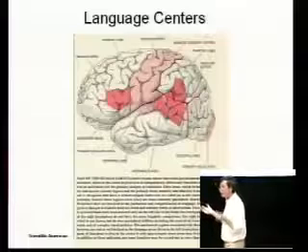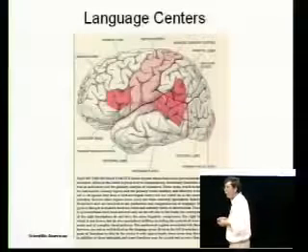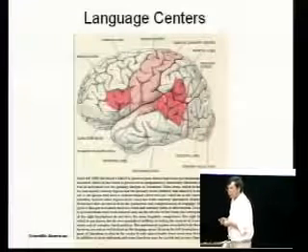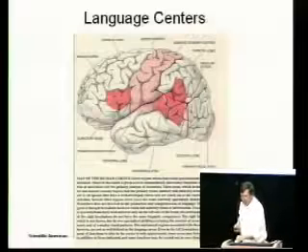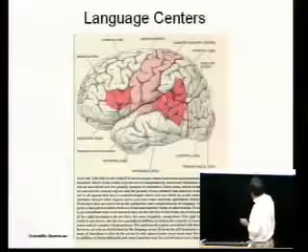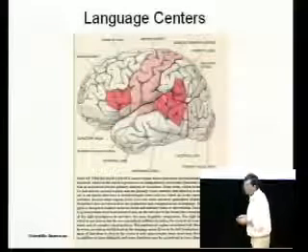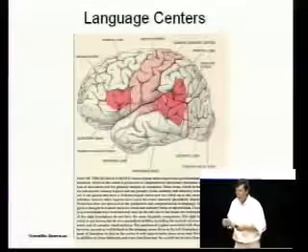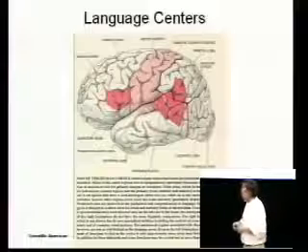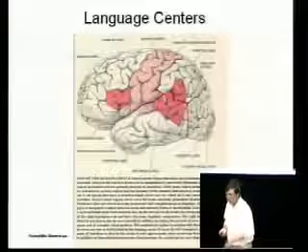Two different areas, when damaged, produce two different forms of speech dysfunction. Sometimes we think of Broca's area as a speech area, and we think of Wernicke's area as a language area. It's not exact, that's not quite right, but it's pretty close.